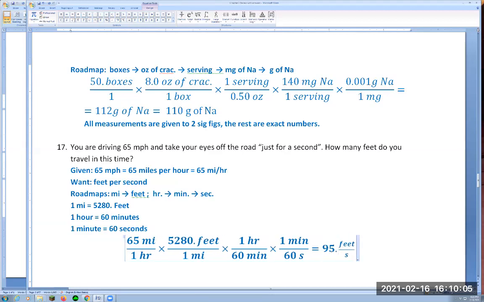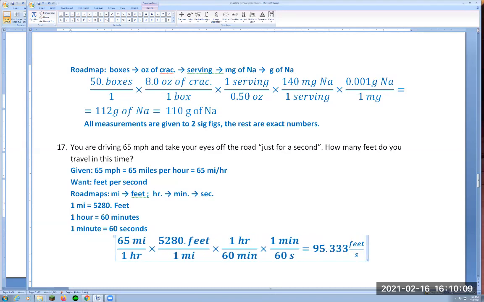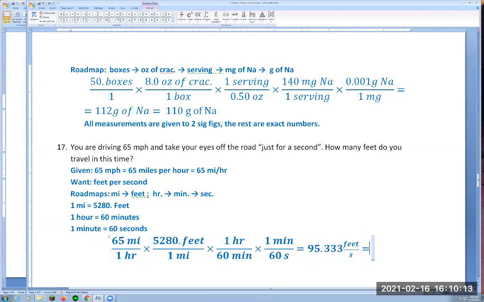So is it correct here? So 95 feet, that sounds a lot, right? So we need to think sig figs here.